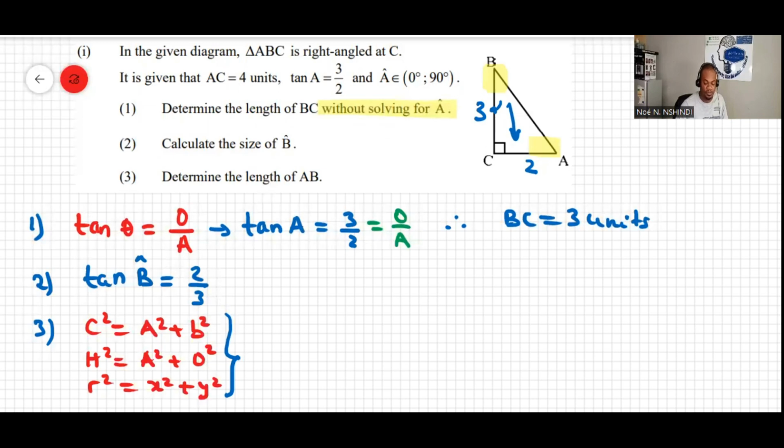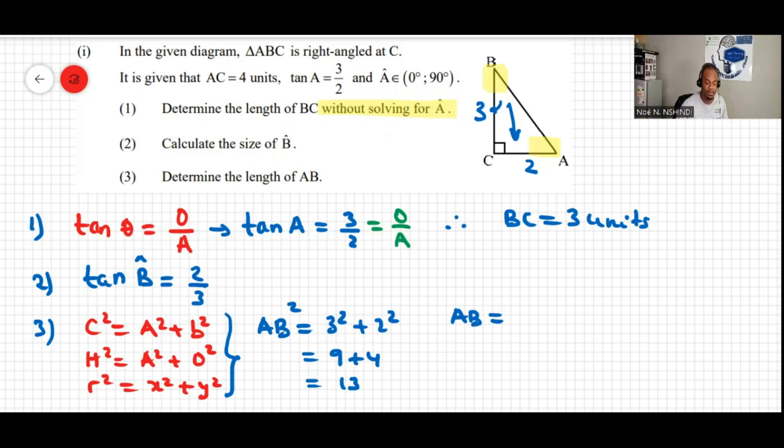All these formulas, depending on the text you use, tell the same thing. So I will say AB squared equals 3 squared plus 2 squared. That means 9 plus 4, which is 13. But remember, we're not looking for AB squared, we're looking for AB.